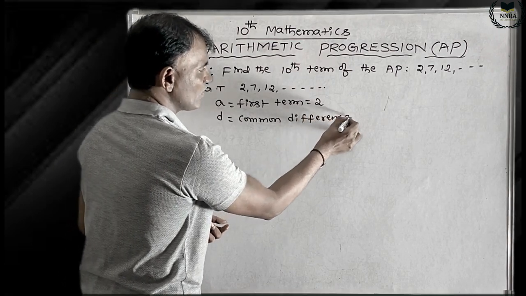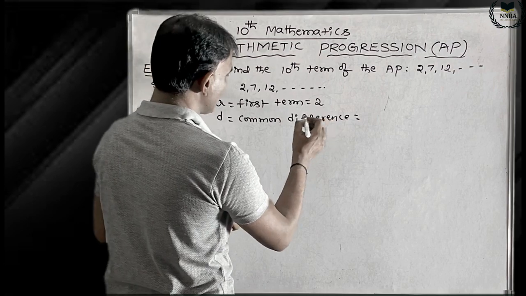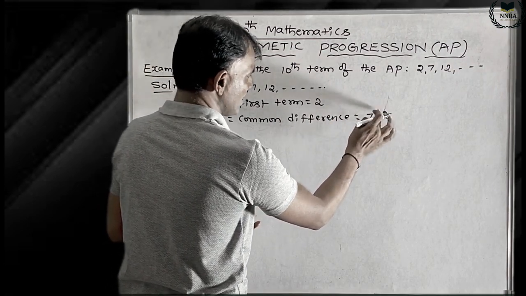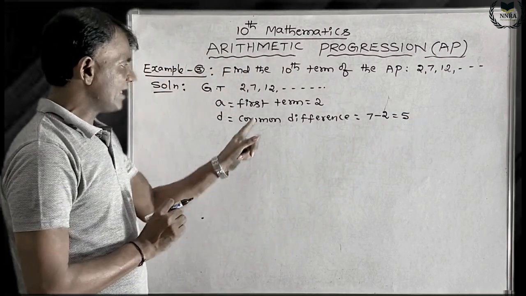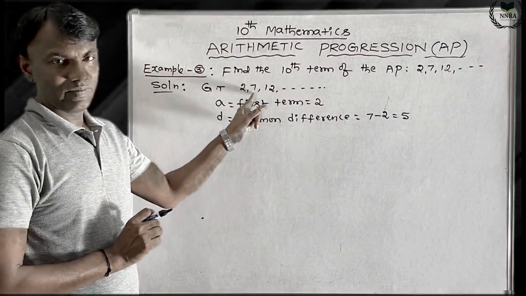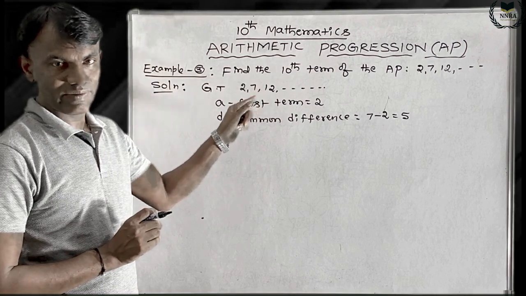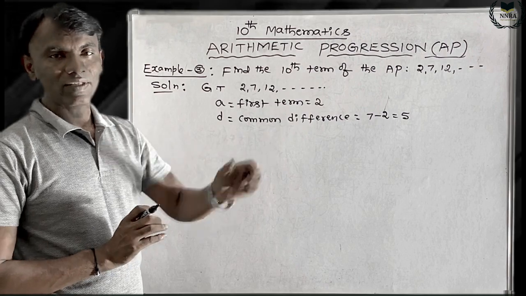So generally how to find the common difference? Second term minus first term, right? So the second term is 7 minus the first term 2. So 7 minus 2 equals how much? 5. If you take the third term minus the second term, then also we get the same value: 12 minus 7 equals 5. So the common difference is the same, only then it is called an arithmetic progression.